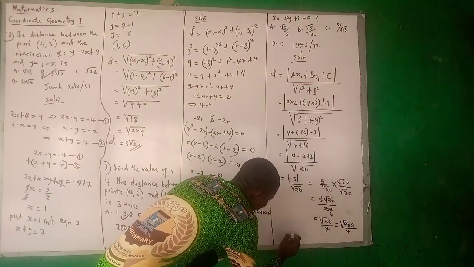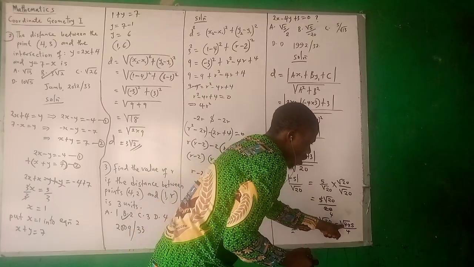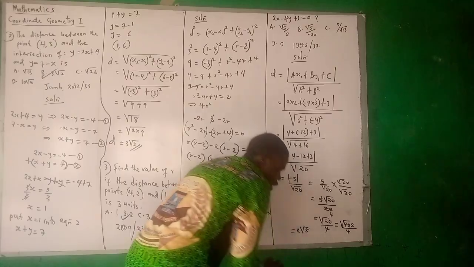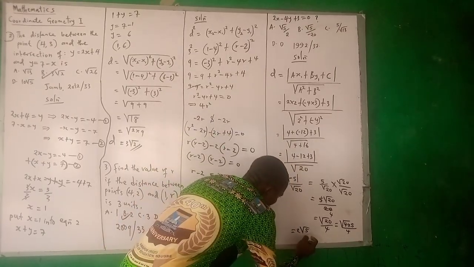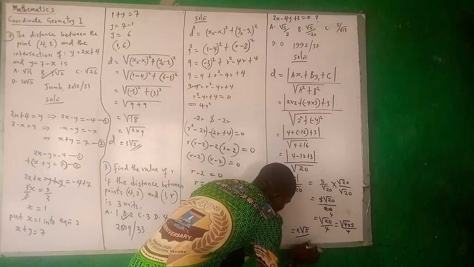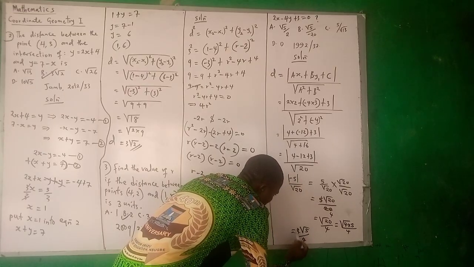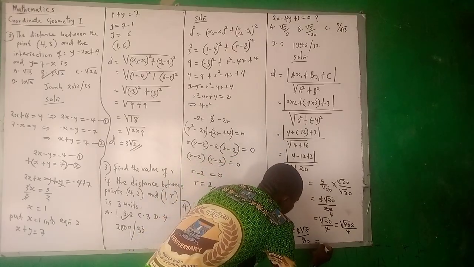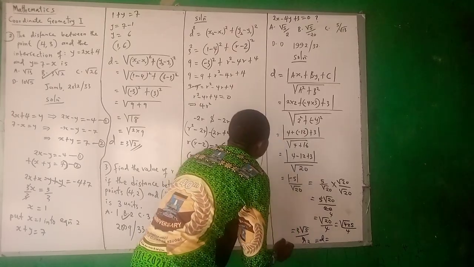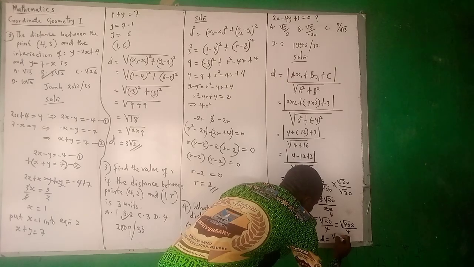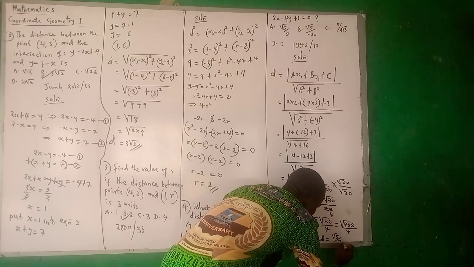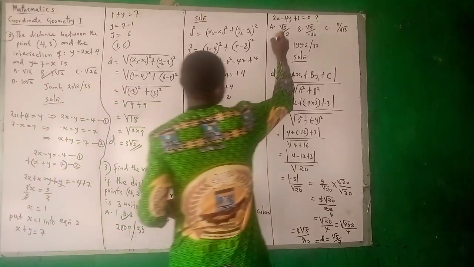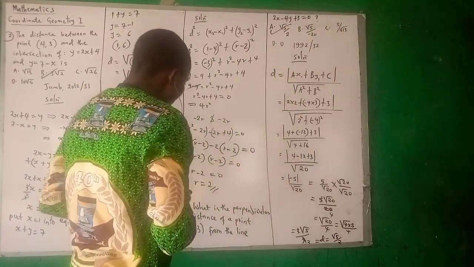Root 4 is 2, and root 5 cannot be simplified. All over 4, and 2 can divide into 4 to give 2. So your answer becomes distance D equal to root 5 over 2, and that should be option A. This is the correct option.